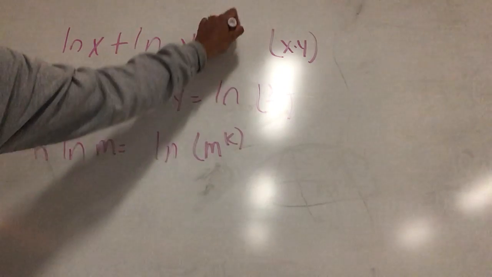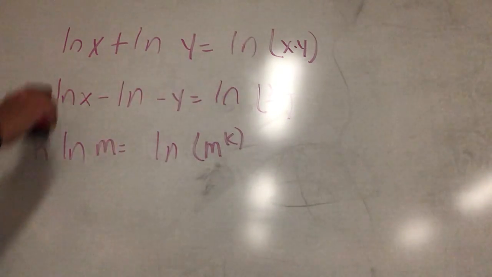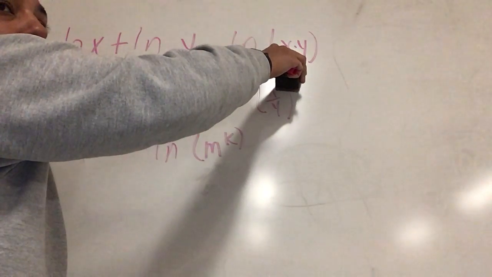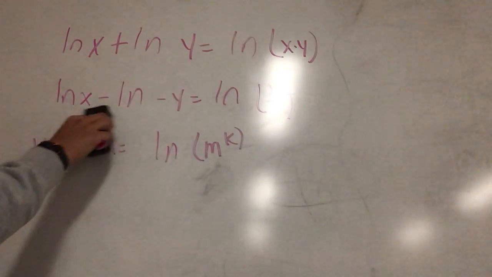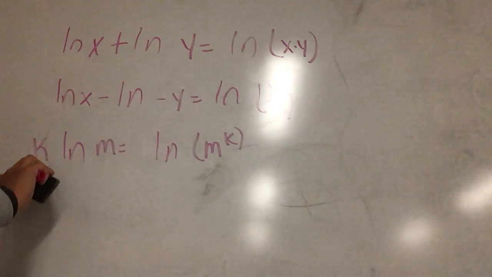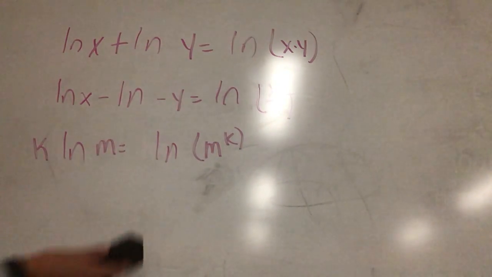So all we did, and these are the same log rules. If I'm adding, I multiply this stuff. Walter, you paying attention? If I'm subtracting, I'm going to divide the stuff. And then I can move it up front or back depending on where we're going.